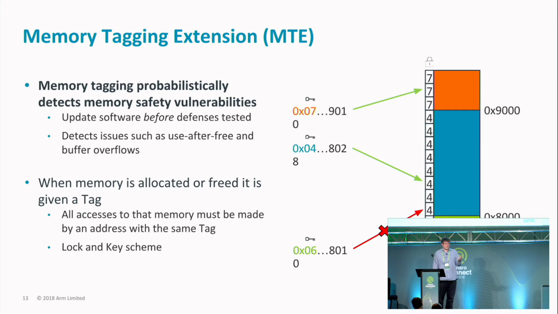This access, a buffer overflow, isn't allowed because the key of 0x06 doesn't match the lock of 4. And if we then go and free memory, as we free the memory, we change the lock. So the now stale pointer would fail if we try and use that to access that memory. So we detect the use after free.